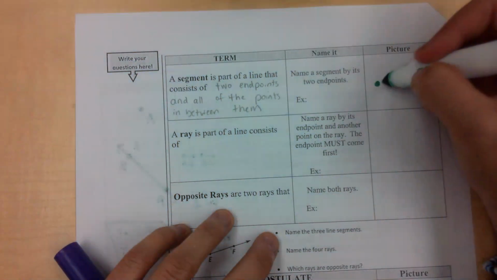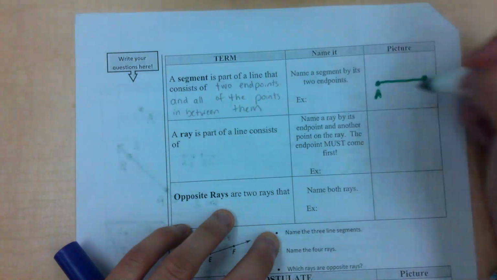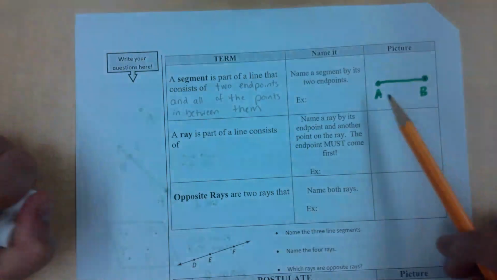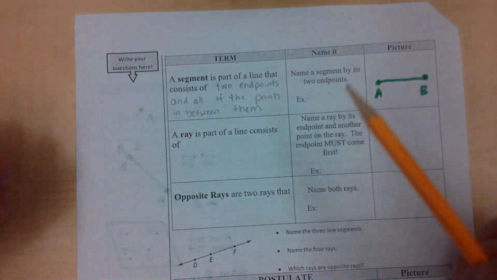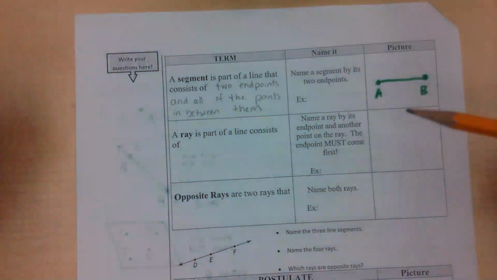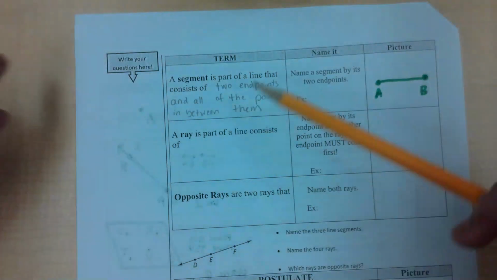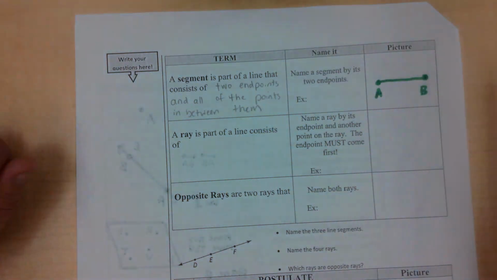Okay, so it's always helpful with a picture. A and B. You always want to be able to differentiate between a segment and a line. So the segment ends. If you think about it like a podcast or a show, there are different segments, different parts, but they end.